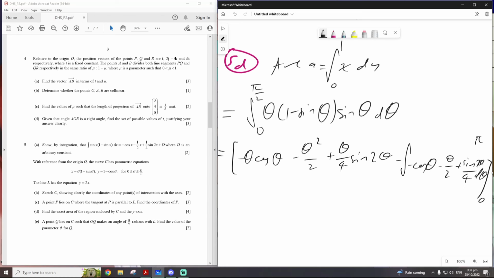A bit messy. Okay, so let's see what happens.